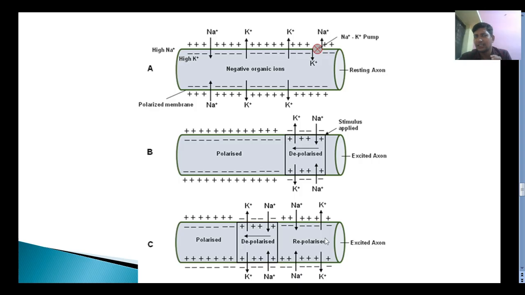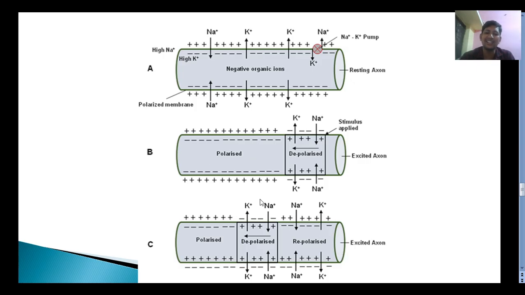Because the stimulus is temporary, the opening of the sodium channel is also temporary, for a fraction of a second. Then immediately the potassium ion channels open and the sodium ion channels close, and the membrane becomes repolarized.